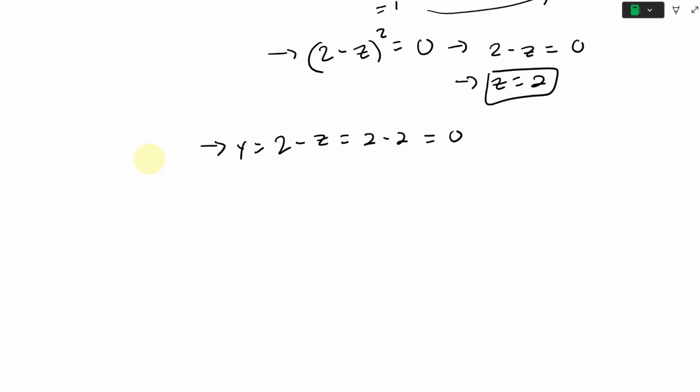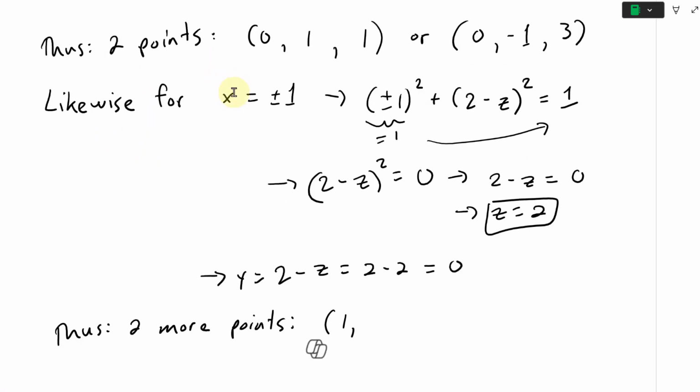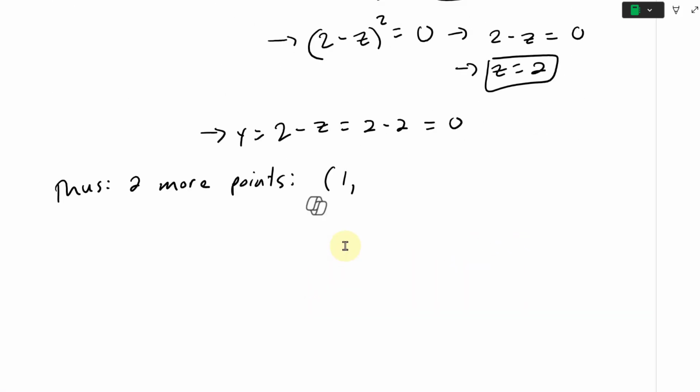Thus we have 2 more points of intersection. So when x is 1, we're going to have z is 2 and y is 0. It doesn't change anything, so it's always going to be 0 and 2. And likewise, 2 more points.